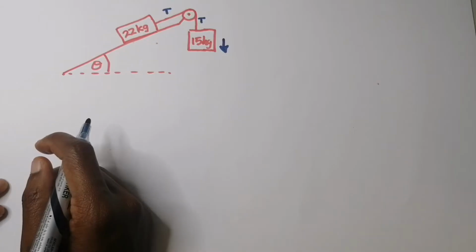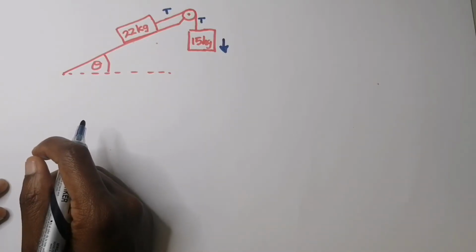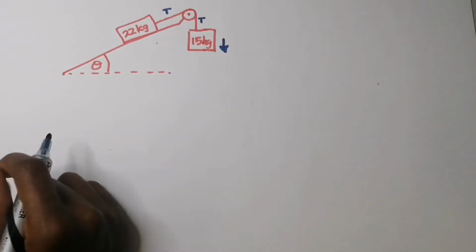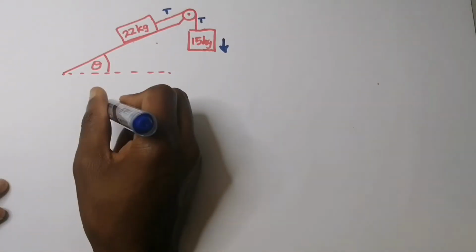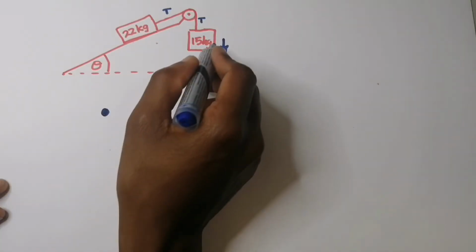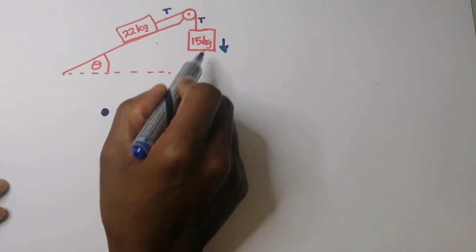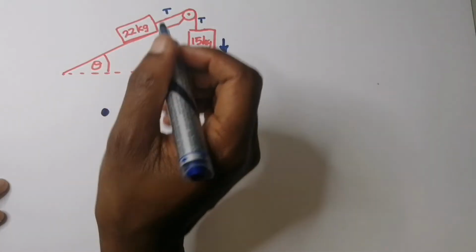All right, now they say draw a labeled free body diagram of all forces acting on the 22 kg block. Now let's talk about that 22 kg block. So what are the forces that are acting on it? Okay, so if this guy is going down, what is it doing to the 22 kg block?